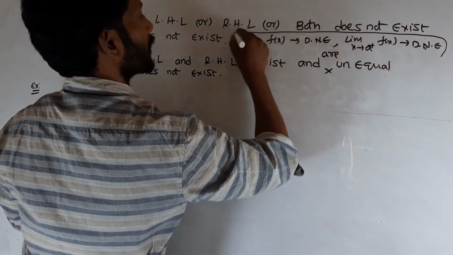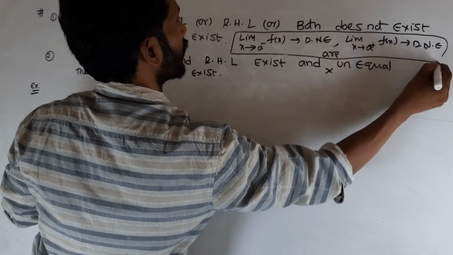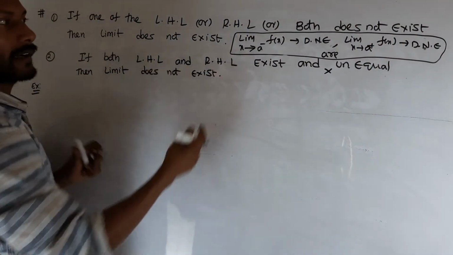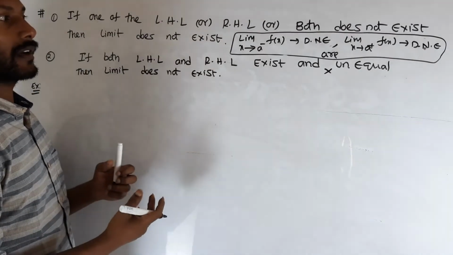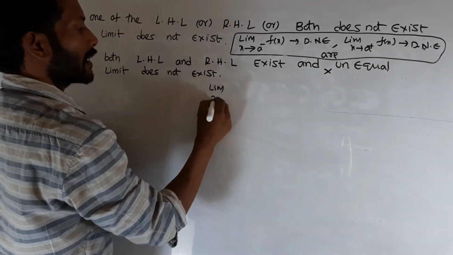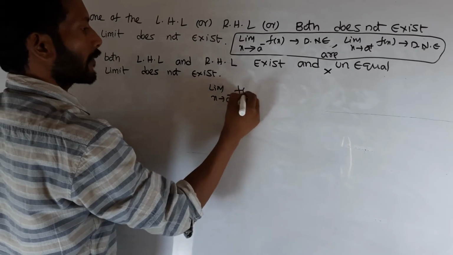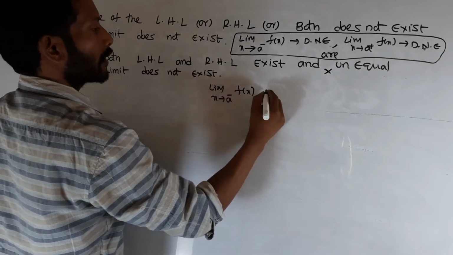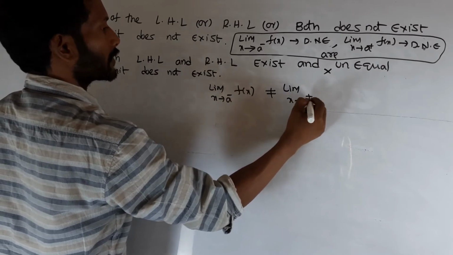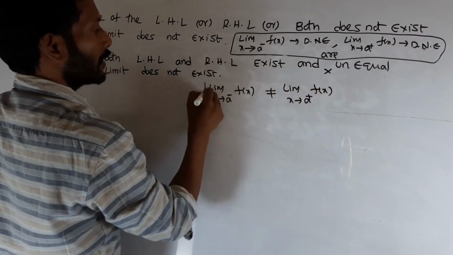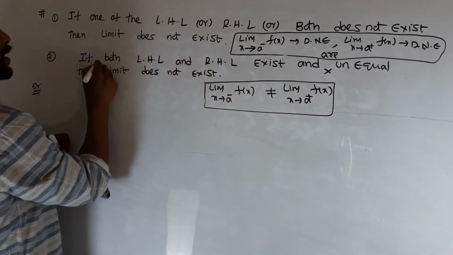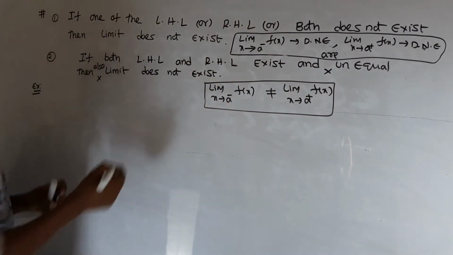In this case, the limit does not exist. If both left hand side limit and right hand side limit exist and are unequal, so limit as x tends to a minus of f of x is not equal to limit as x tends to a plus of f of x, in this case also the limit does not exist.